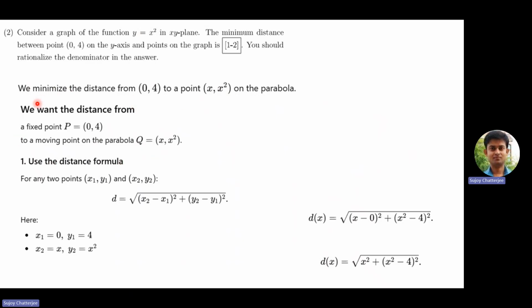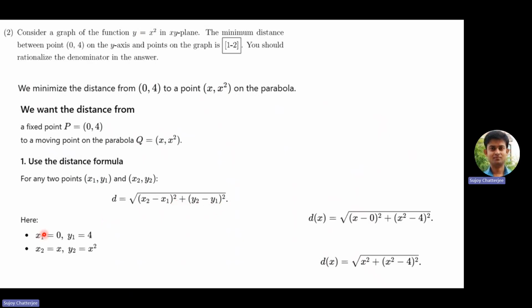Now we need to use the very fundamental distance formula. For any two points (x1, y1) and (x2, y2), the distance between the two points is d equal to the square root of (x2 minus x1) whole square plus (y2 minus y1) whole square.